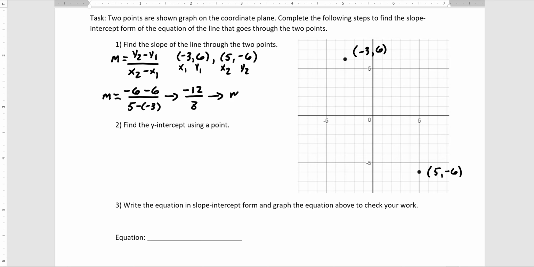That simplifies to m equals -3/2. So we found our slope of -3/2.